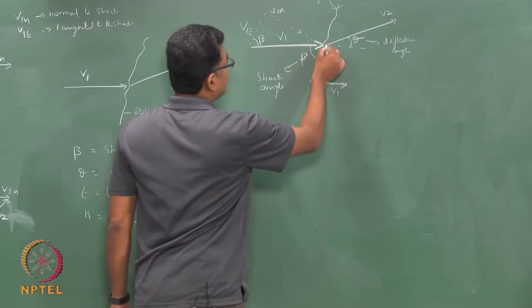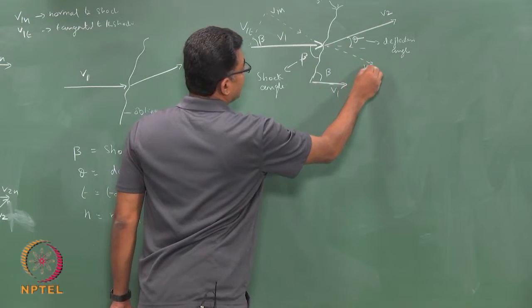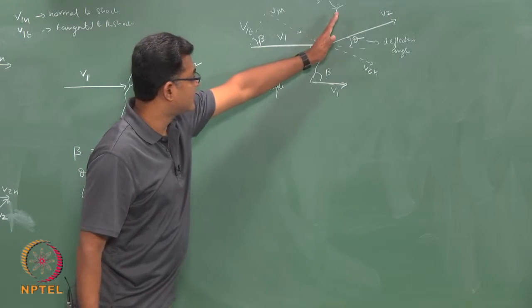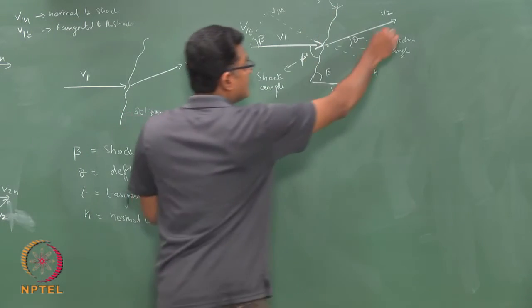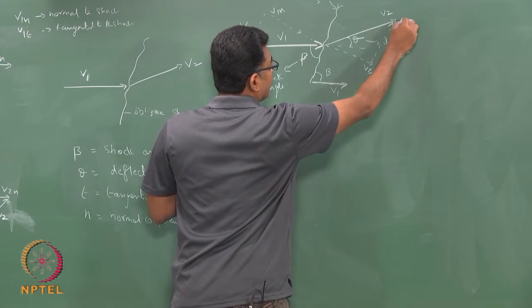And here the normal is V2n, tangential is that is along my shock wave. So, that is this is my V2t.